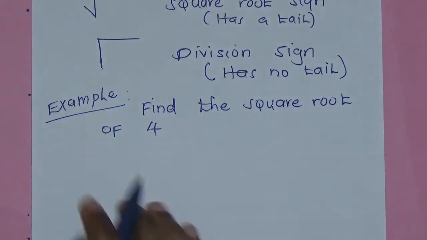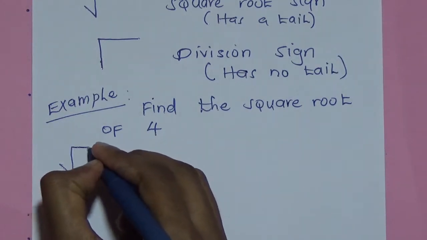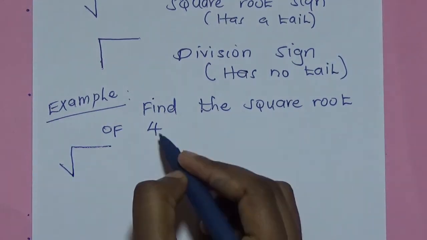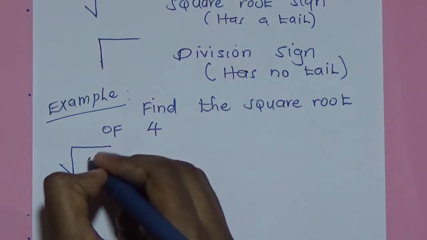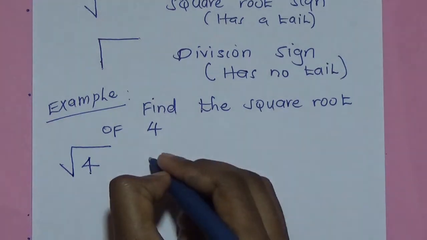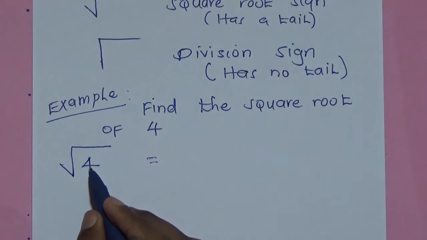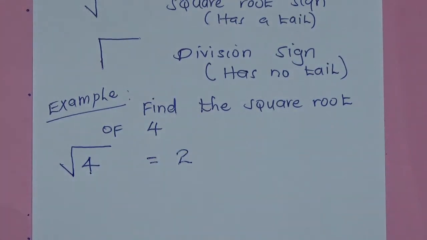Now, first you write the sign down like that, and then you put the number inside the sign. So 4 will come inside the sign, and we have said that the square root of 4 is 2. So that is how you use the sign.